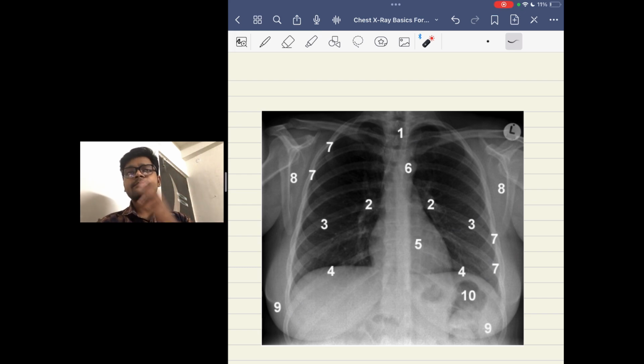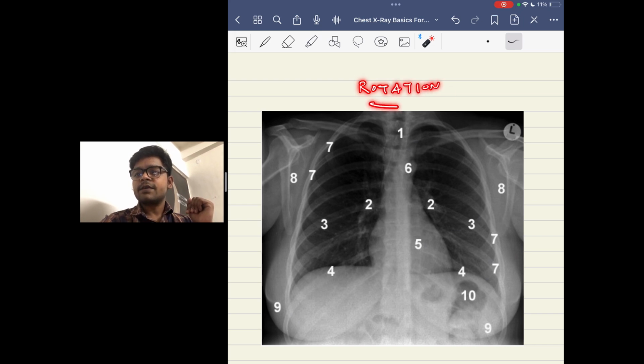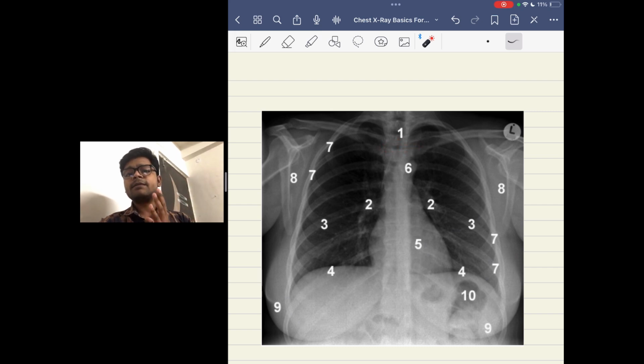If a patient is very much rotated to some side, the X-ray exposure will be affected and the findings will get distorted. So that is the first thing you should look into while reading a chest X-ray: the rotation, right? You are looking at whether the spinous processes are equidistant from the medial ends of the clavicles.